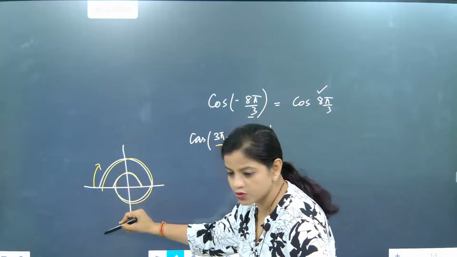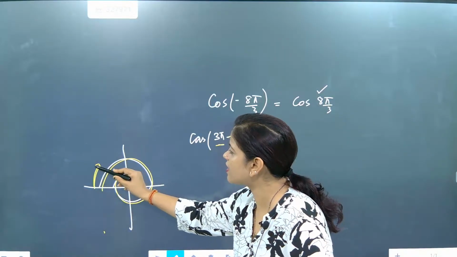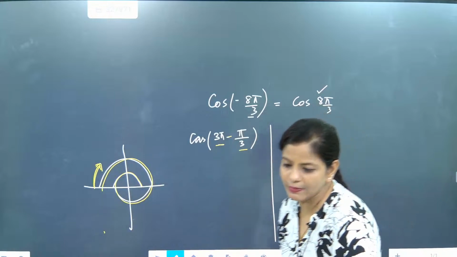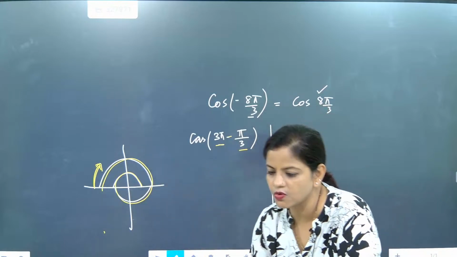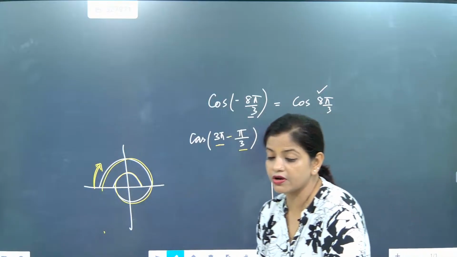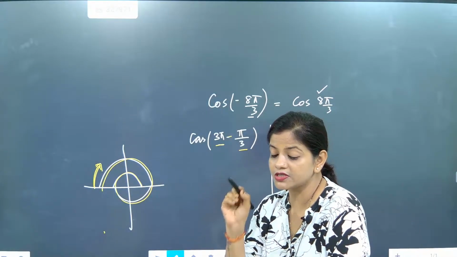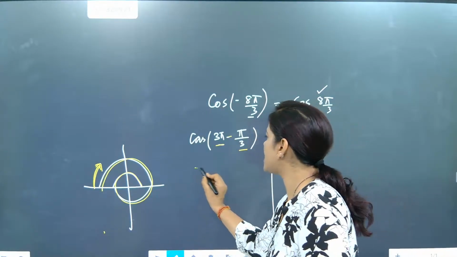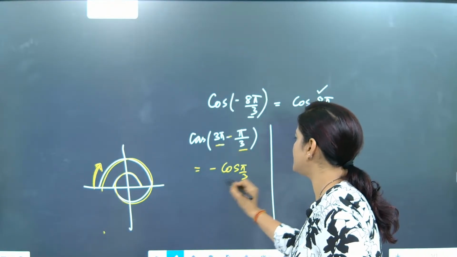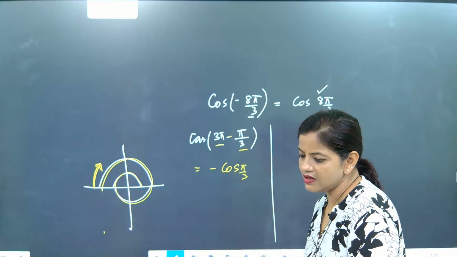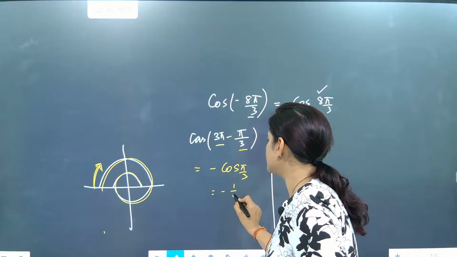Minus means don't proceed forward, proceed backward. And here it is pi by 3. Pi by 3 is 60 degrees. 60 degrees means we are going to land in the second quadrant only. And in the second quadrant, cos is what? Cos is negative. So here we are getting the answer minus cos pi by 3. And then finding the value is just again minus 1 by 2.